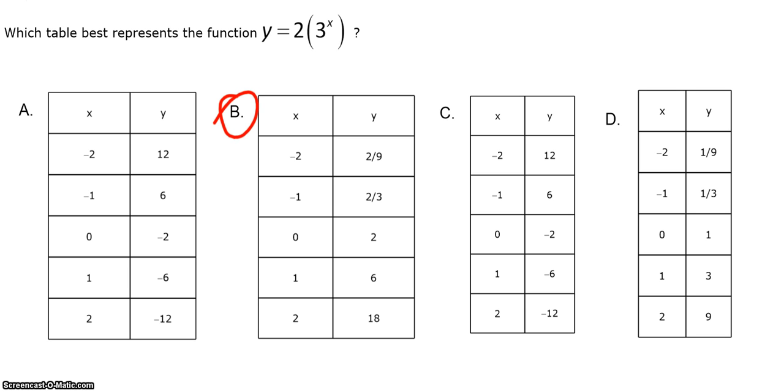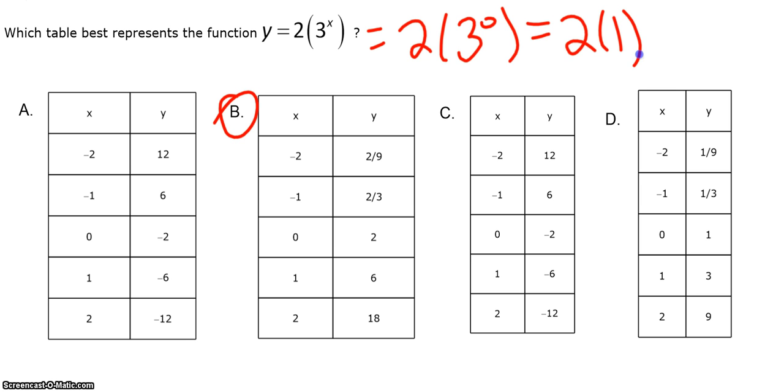The only thing is that it's times 2. So I'll have 2 times 3 to the 0. We know anything to the 0 power is 1. So we have 2 times 1, and 2 times 1 is 2. So our ordered pair is (0, 2), and the only one with (0, 2) is B.